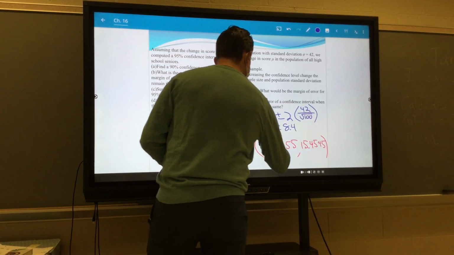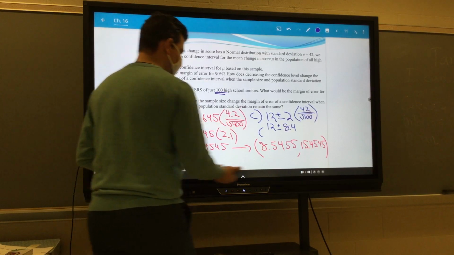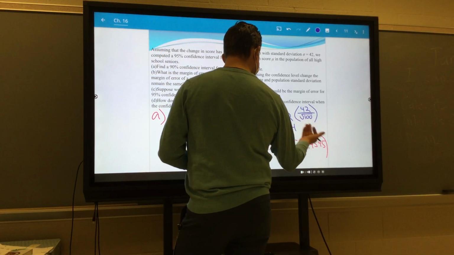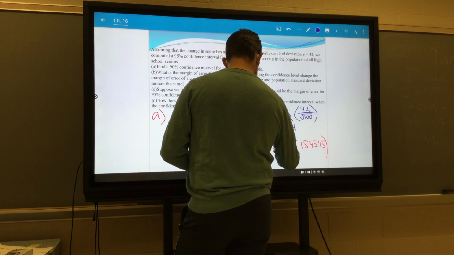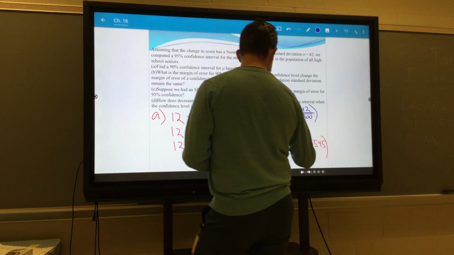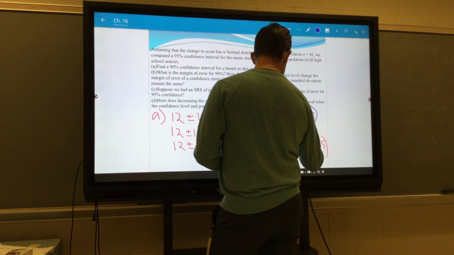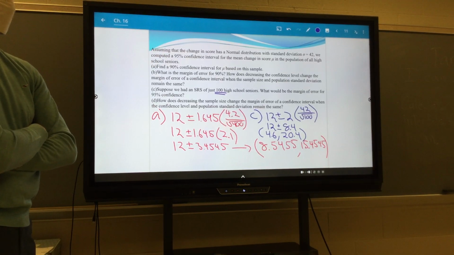So our confidence interval for 95% is going to be 12 minus 8.4 to 20.4. Look how wide that is.